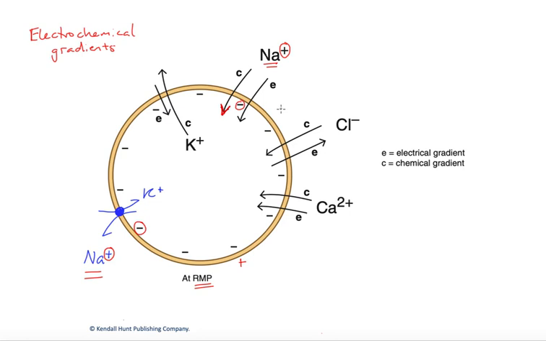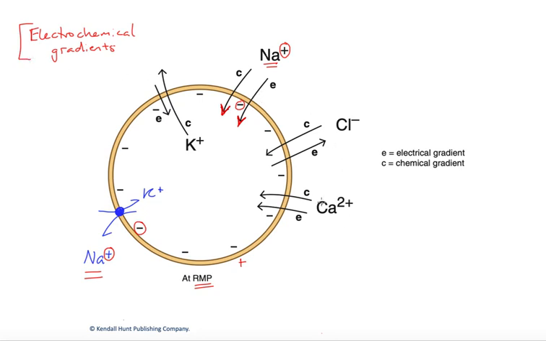Now for sodium, this is quite easy because opposites attract, and a positive ion would tend to be attracted to the negative inside of the membrane. And so the electrical gradient is also inward, which means the summative force, the sum of the electrical and the chemical gradients added together, also known as the electrochemical gradient, would be inward.